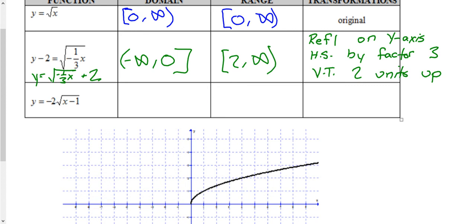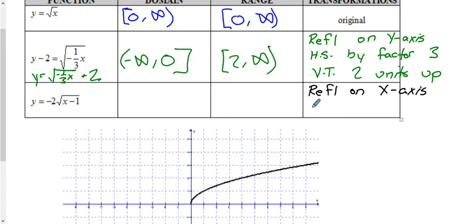In this next example here, we have minus 2 square root of x minus 1. So again, I'm seeing 3 different functions happening here, so I'm going to write down all 3. First off, I see the negative, so I'm going to deal with that negative first. That's a reflection, and again, if it's on the outside of my function, that's going to be a reflection on our x-axis.